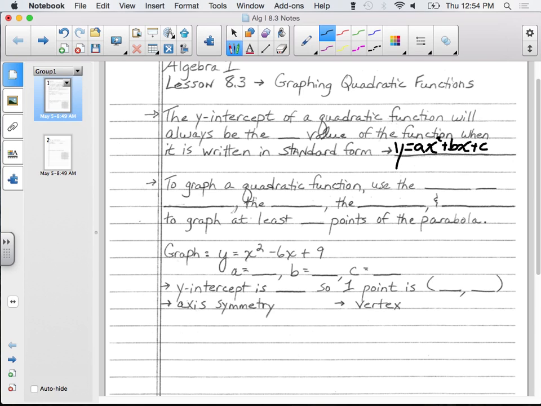So now we can go back to the first part. It says the y-intercept of a quadratic function is always going to be a certain value. So what's the y-intercept of any function? Isaiah?